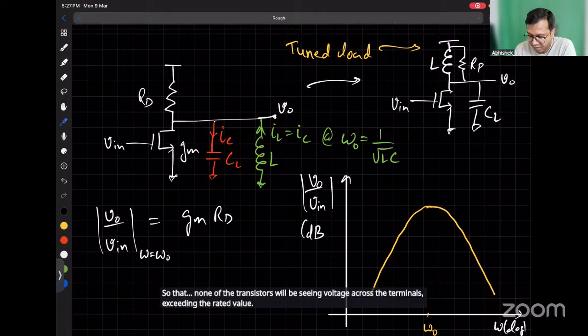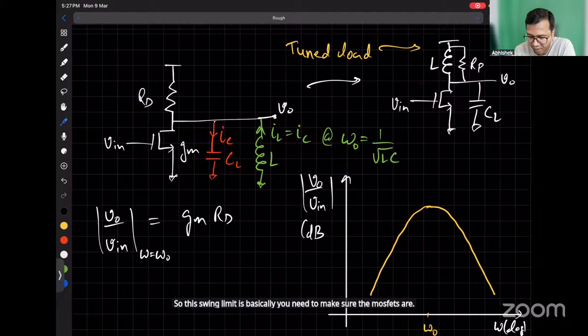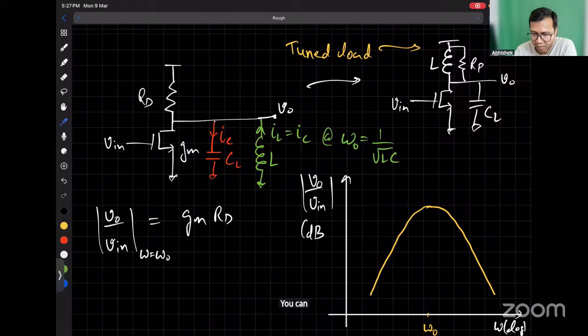So this swing limit is basically you need to make sure the MOSFETs are operating in their intended region of operation. If there is some specific circuit for which you want to know the swing limits that we can discuss here, you can just let me know in the chat, or maybe you can just turn on the microphone and let me know.